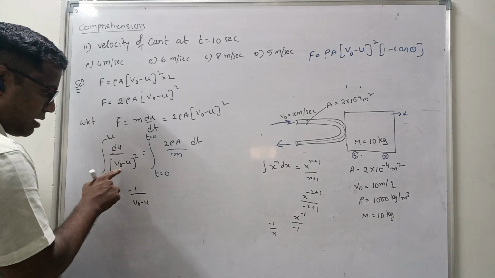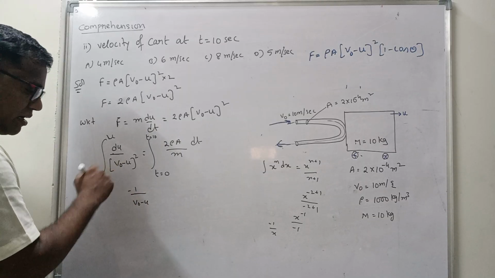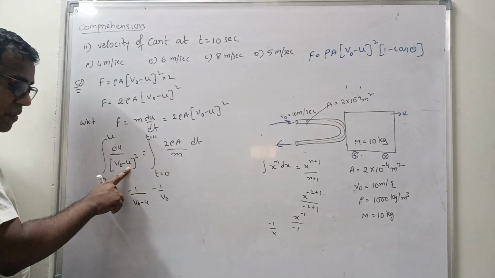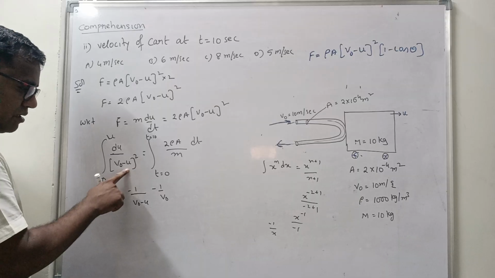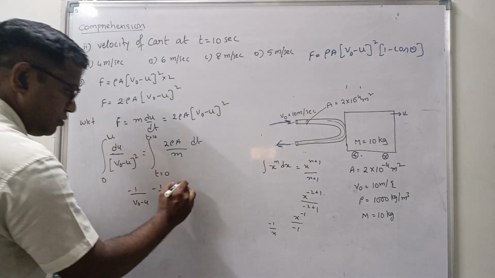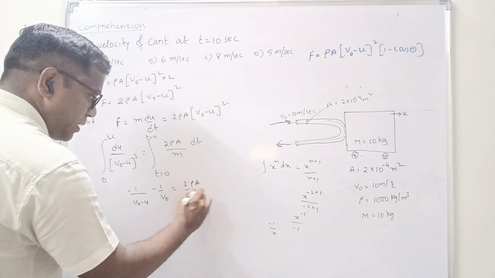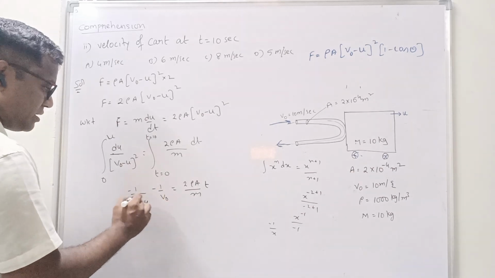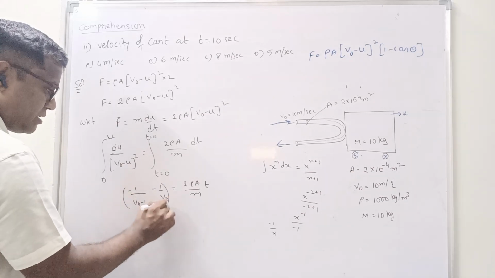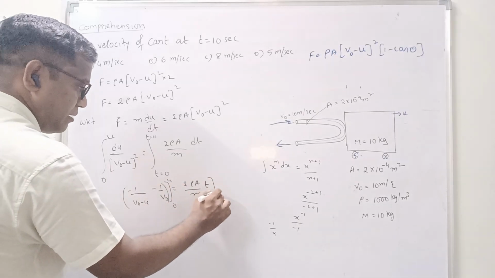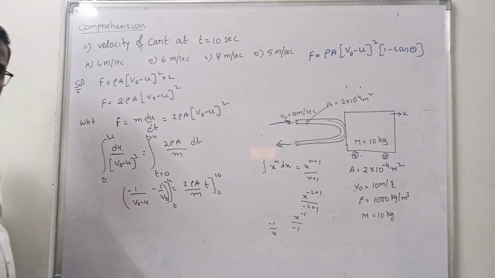Again, internally we have to do it: internally minus 1 by V naught, because u is being differentiated, right? So you get minus 1 by V naught, which is equal to 2 rho A by m into t. And here also we have to apply limits: 0 to u on the left, and 0 to 10 on the right.